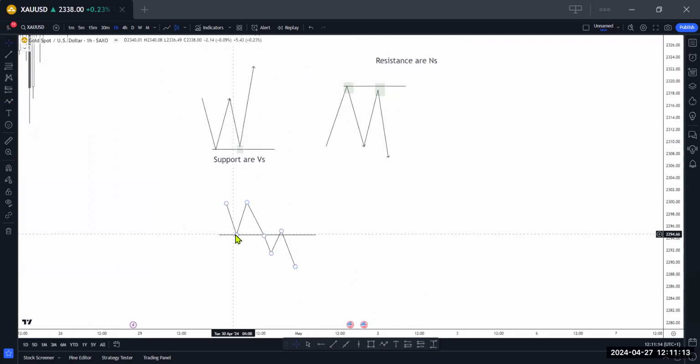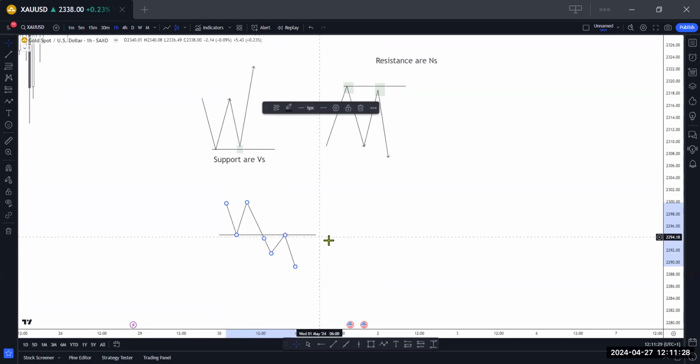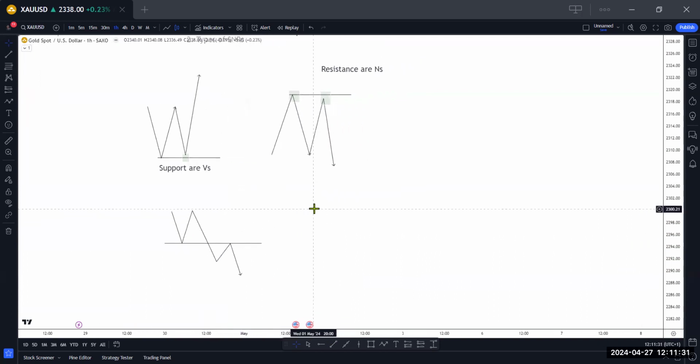At support, we said we expect buyers to buy, but now price breaks that buy pressure that you're expecting from the buyers and now turns this support into a resistance level. So this V now becomes an N. So it means that support when broken can become resistance, and resistance when broken can also become support.